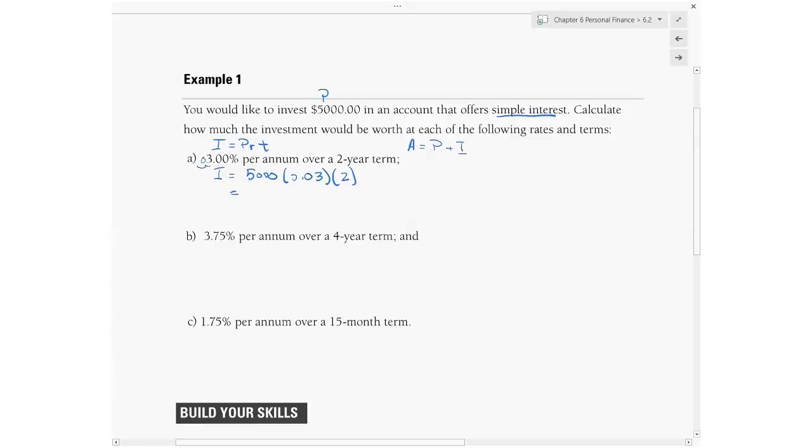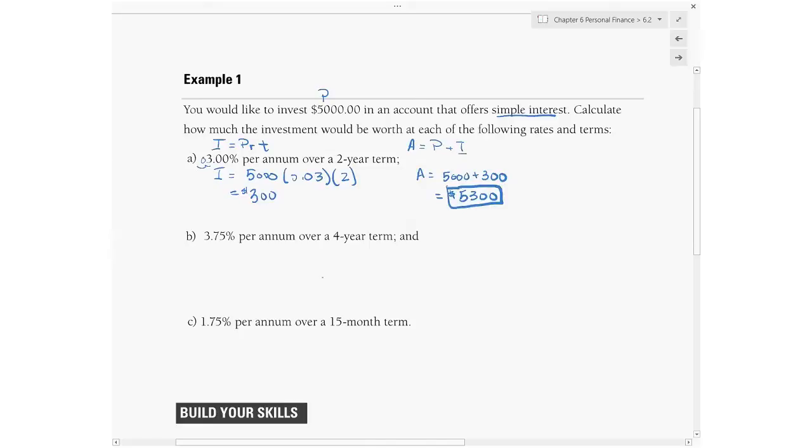You can throw that into your calculator: 5,000 times 0.03 times 2, and you get $300 interest. Then the amount is equal to the principal plus the interest. So you're going to have $5,300 at the end.